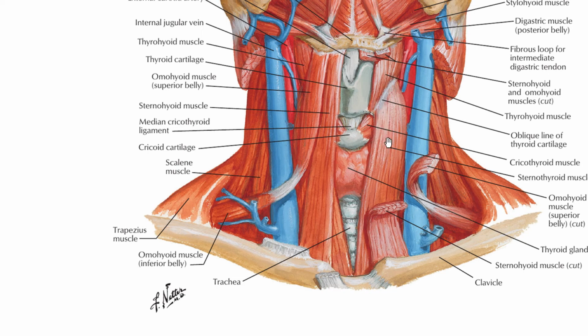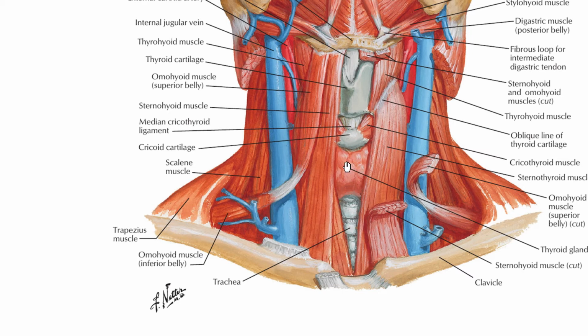This sternothyroid is the only muscle which doesn't reach the hyoid bone directly, but rather indirectly. Look, it gets attached over here. And this muscle belly actually crosses the thyroid gland.